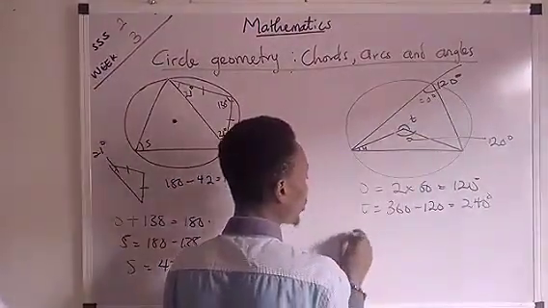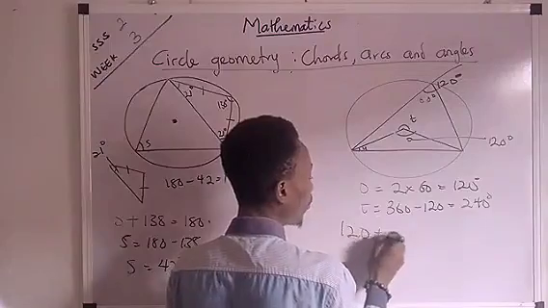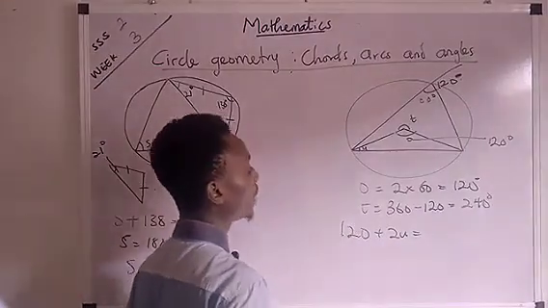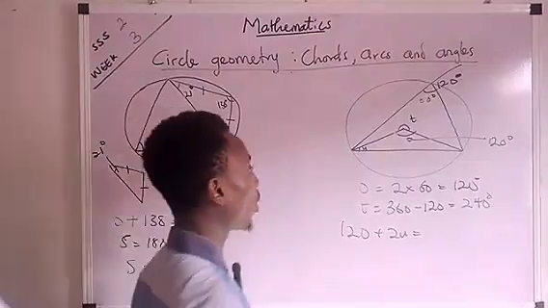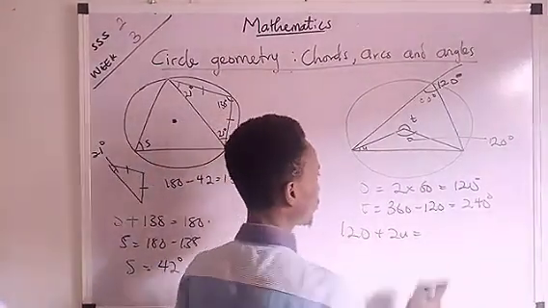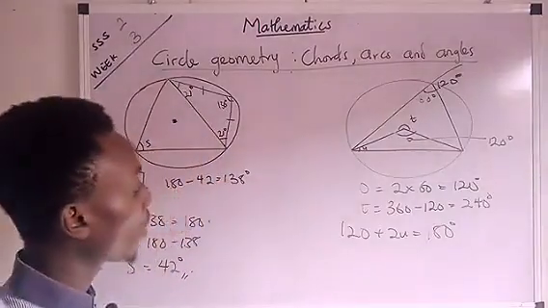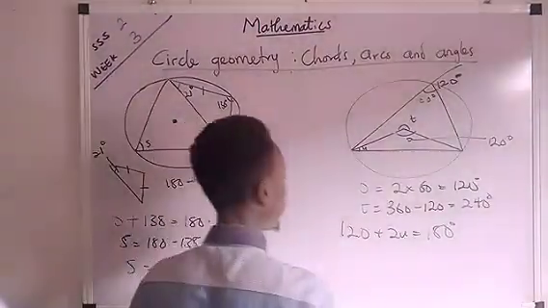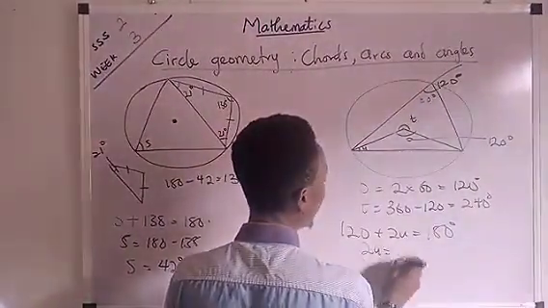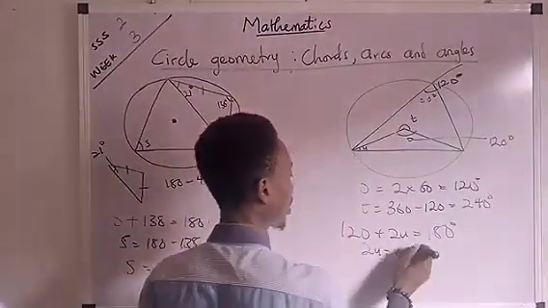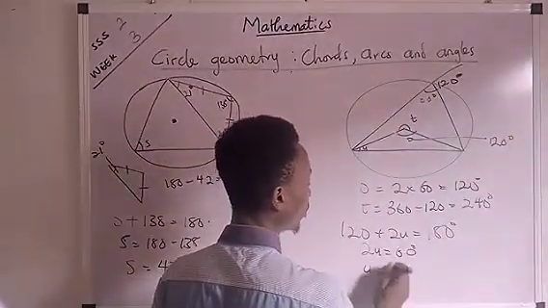So you have 120 plus 2u is equal to 180 degrees. It means your 2u will be equal to 180 minus 120, which is 60 degrees, and u will be equal to 30 degrees.